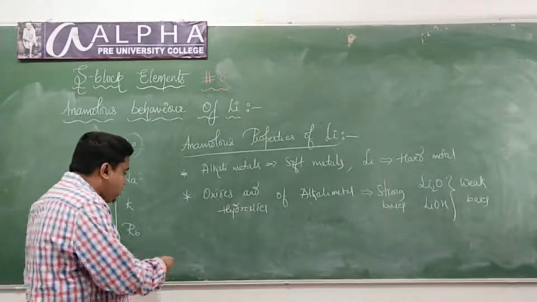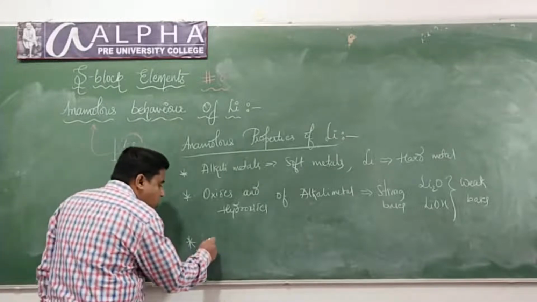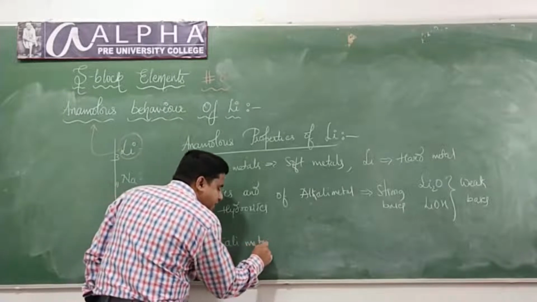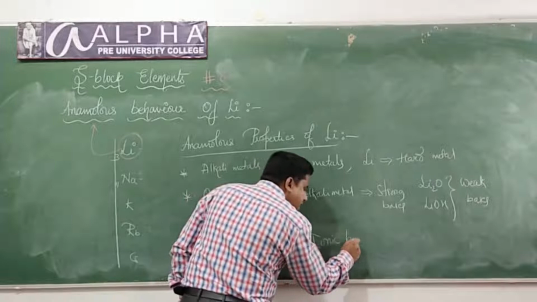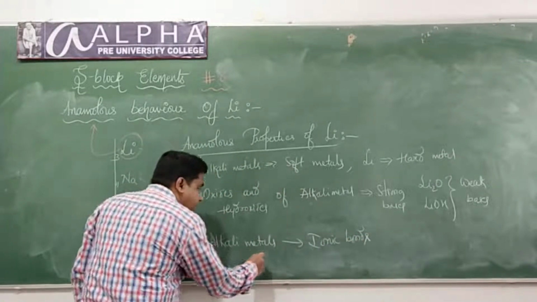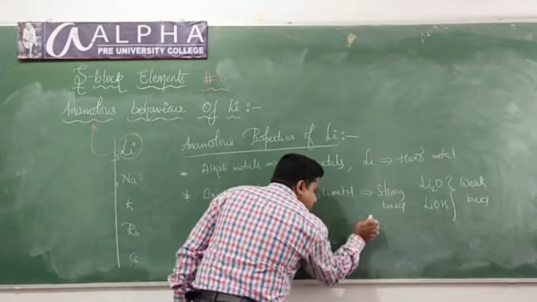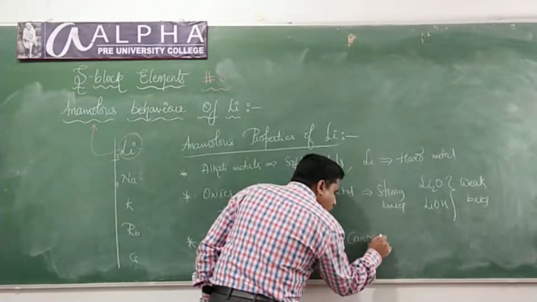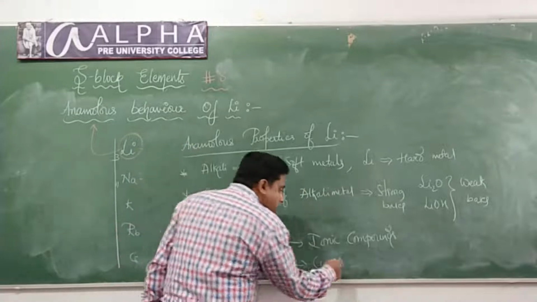Then next, what are the other properties? We know alkali metals form ionic bonds. Alkali metals will form what type of bonds? Ionic bonds. Whereas lithium forms covalent bonds. Alkali metals form ionic compounds, whereas lithium forms what type of compounds?